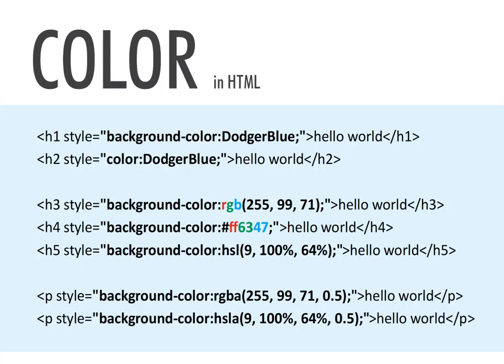Okay, let's see. Here first, RGB: red, green, and blue. You get red 255, green 99, blue 71. You get a certain color. Also, this is the hexadecimal color.